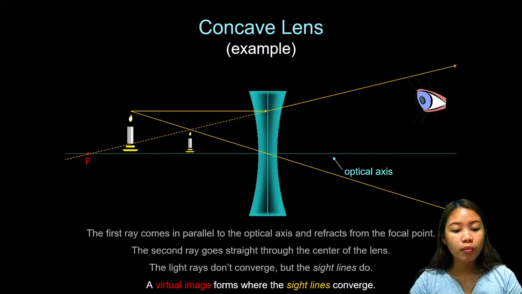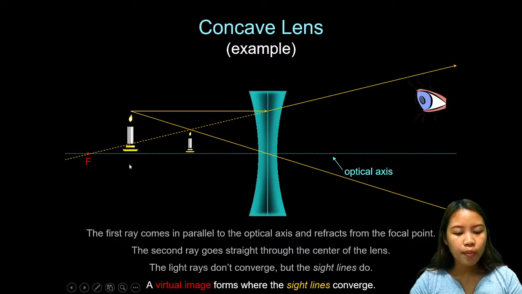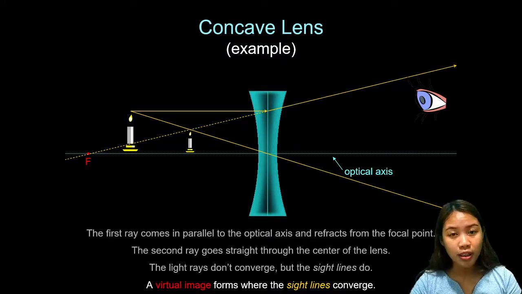So, please take a look here. We have here the object, which is nearer to the lens. So, therefore, the DO is shorter compared to the focal length. And with that, the image that is formed, you can see here, is located above the optical axis. Therefore, it is upright or erect.